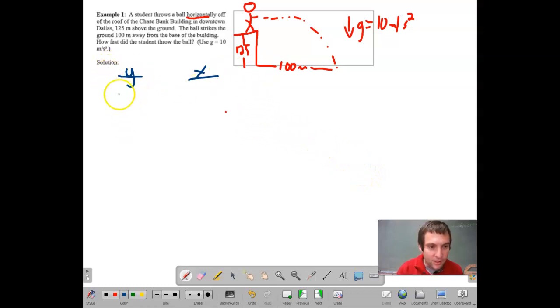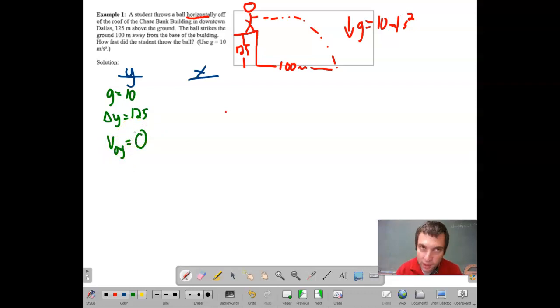If we were to list out all of our givens in the y, I would say, first of all, the easy one, right? g equals 10. Tells us right there in the problem. We have the delta y of 125 meters. And is that it? Oh, no! It's a horizontally launched projectile. So that means our initial velocity in the y is going to equal 0.